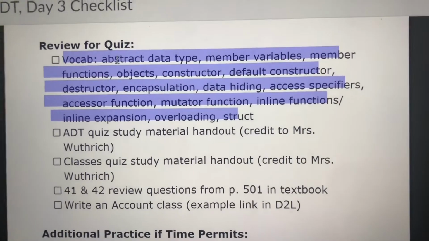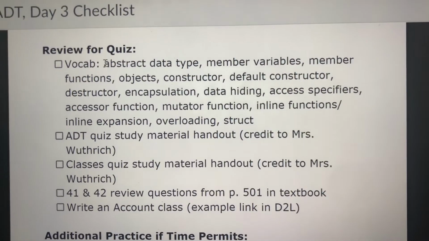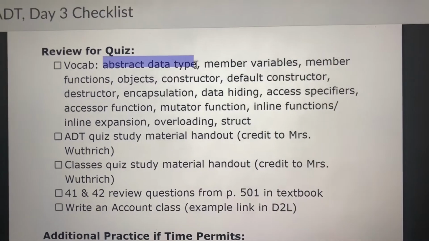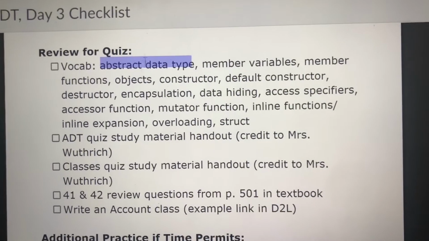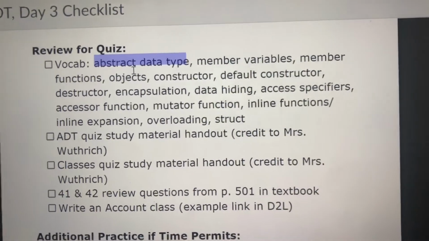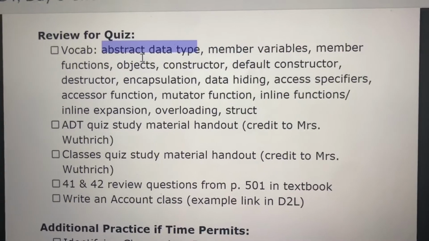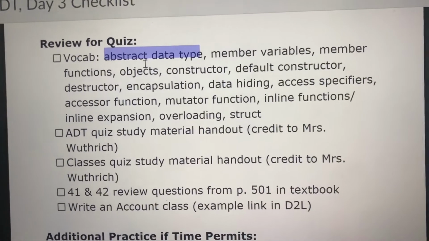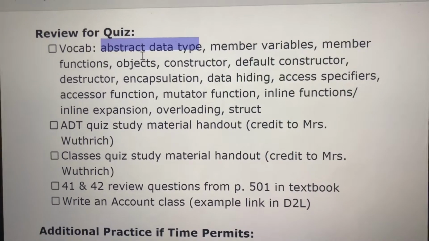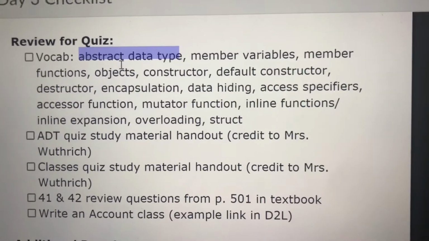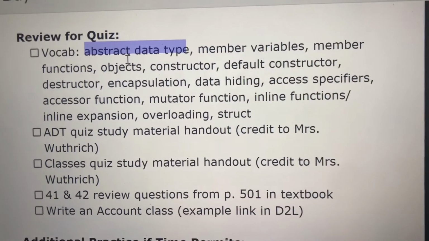So an abstract data type: an abstraction is when you know how something works without knowing all of the details, like without necessarily knowing how it's implemented. I use the example in class of driving a car.